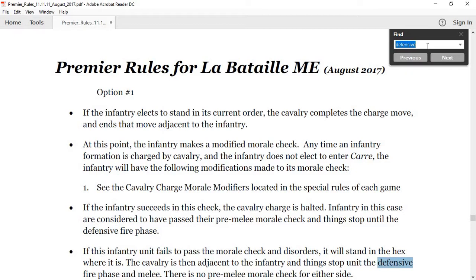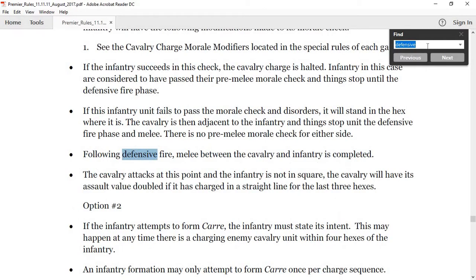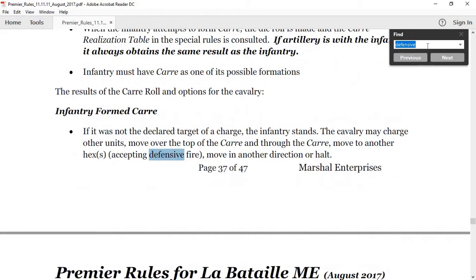Infantry in this case are considered to have passed their pre-melee morale check, and things stop until the defensive fire phase. If this infantry unit fails to pass the morale check and disorders, it will stand in the hex where it is. The cavalry is then adjacent to the infantry, and things stop, pause, until the defensive fire phase and melee. Following defensive fire, melee between the cavalry and infantry is completed.